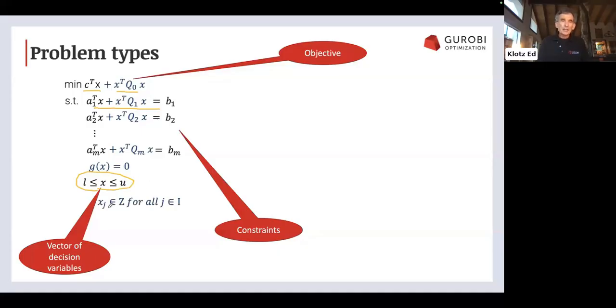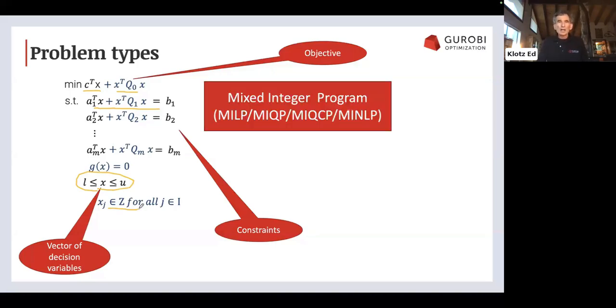And then we can add integer restrictions on some or all of the variables in the model. And then we have some form of mixed integer program relative to the continuous counterparts we just discussed.